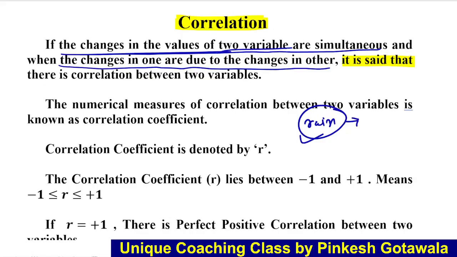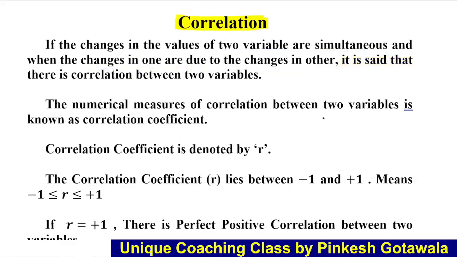There will be changes in the production of rice, wheat, etc. Clear? So what is relation? In simple language, okay, there are changes in two variables, and changes in one variable occur only due to changes in other variable. Okay, એક ચલમાં ફેરફાર થવાને પરિણામે બીજા ચલમાં ફેરફાર થાય છે. That is called correlation. Clear?